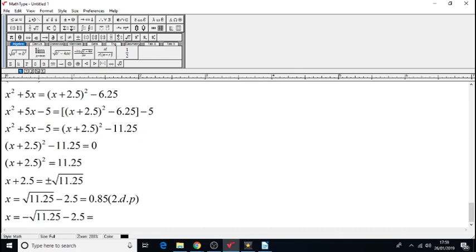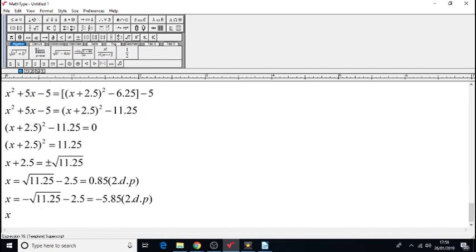What does that equal? That equals minus 5.85 to 2 dp. So now x is equal to 0.85 and x is also equal to minus 5.85. And there are your two solutions.